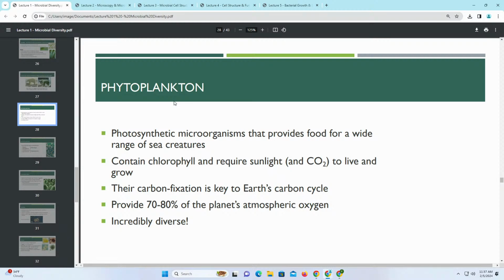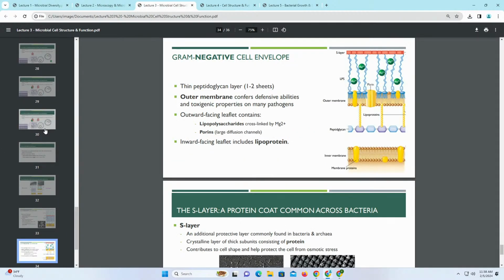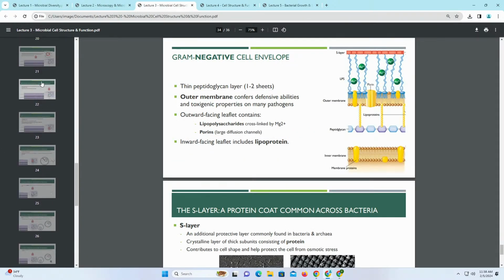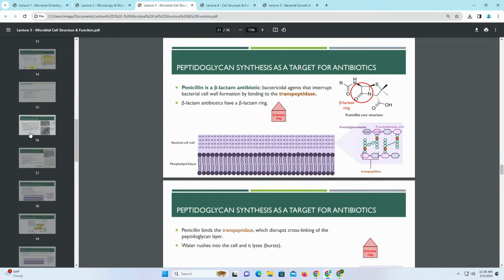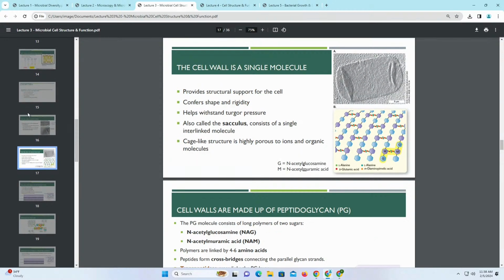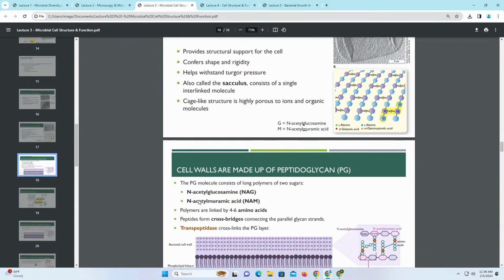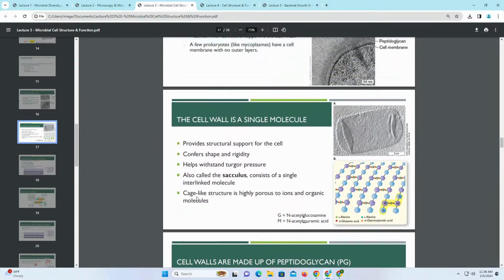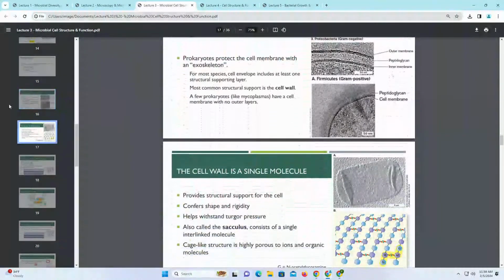Can you refresh the peptidoglycan, the changes it does with mechanisms? The peptidoglycan, which part? I guess just a little summary of the different ways it binds or doesn't bind.